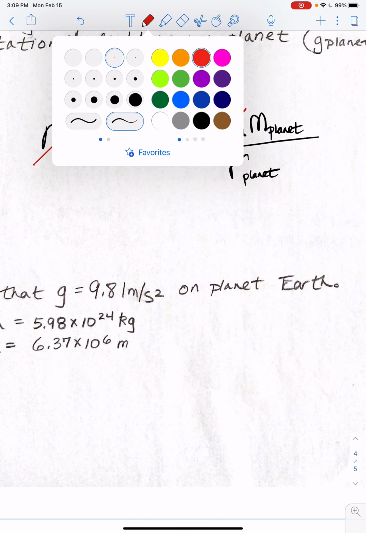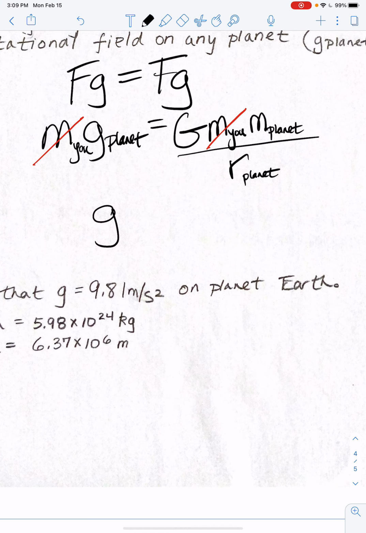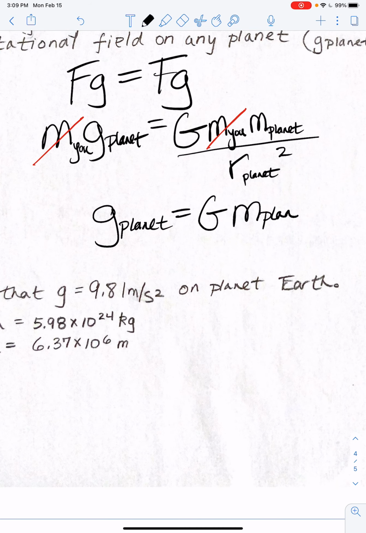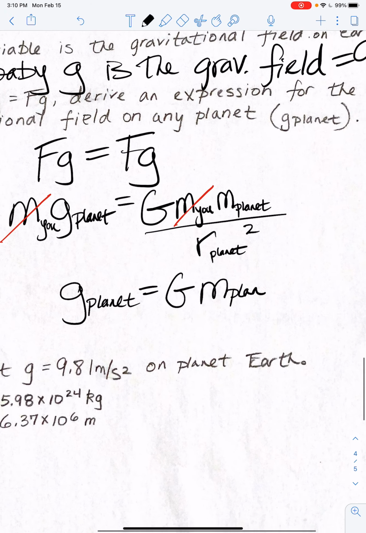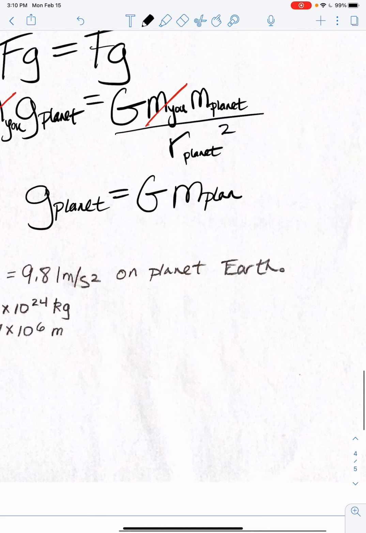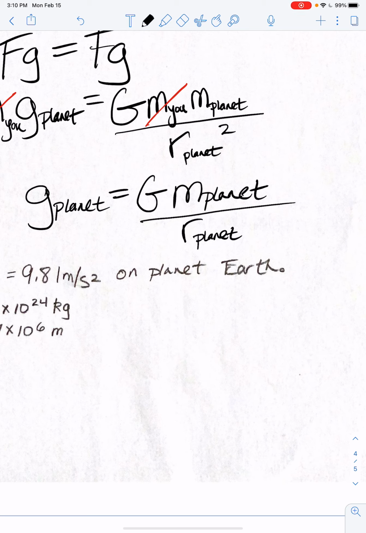And we're left with this expression right here, the g of any planet, because maybe it's the moon or maybe it's Mars, is equal to big G times the mass of that planet. Oh, did I forget to square my r? I think I did. Geez, typical. All right, so times the mass of the planet over the radius of the planet squared.